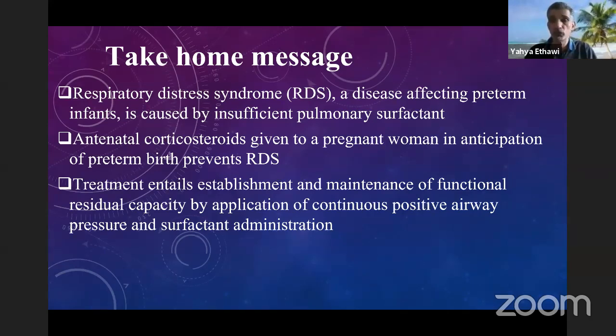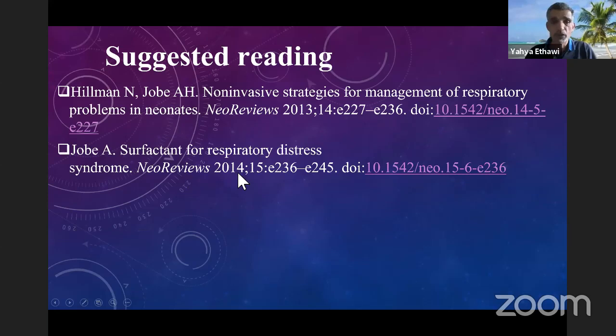Treatment is establishing and maintaining functional residual capacity by giving continuous positive airway pressure and administering surfactant. There are very good articles about surfactant, especially the new review on surfactant for respiratory distress from the American Academy of Pediatrics in 2014. It's a beautiful article about RDS.